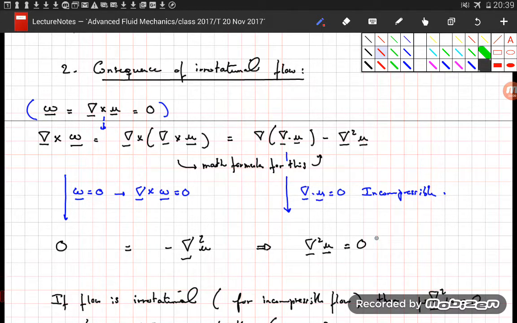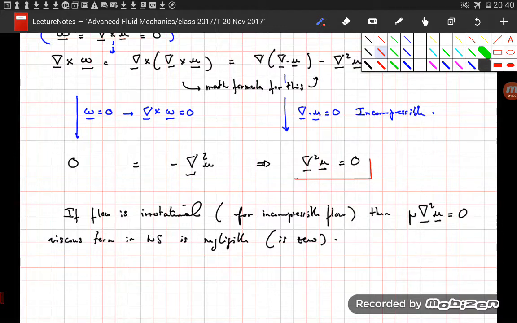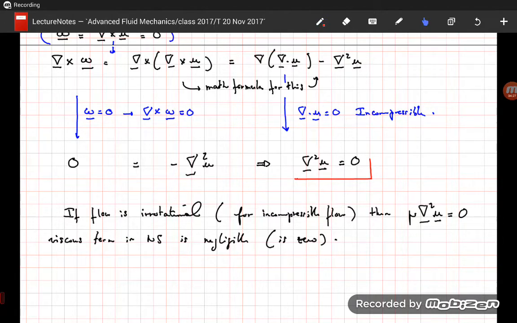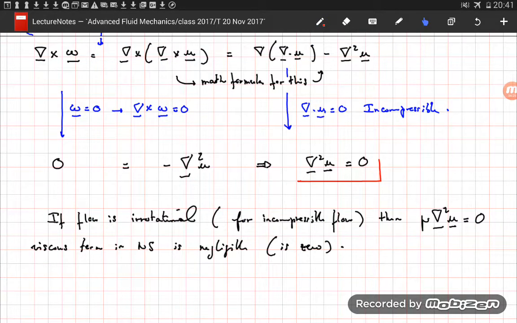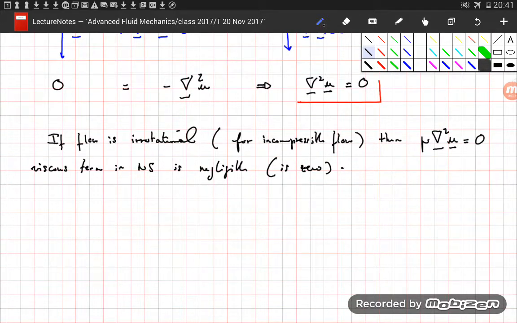Now you recognize that the Laplacian of the velocity is the viscous term in the Navier-Stokes equation, and therefore if the flow is irrotational and incompressible, then it is inviscid. So now you can associate these concepts together. A flow which is irrotational and incompressible is often called an ideal flow, and in that case the flow is inviscid. So let me write it here.